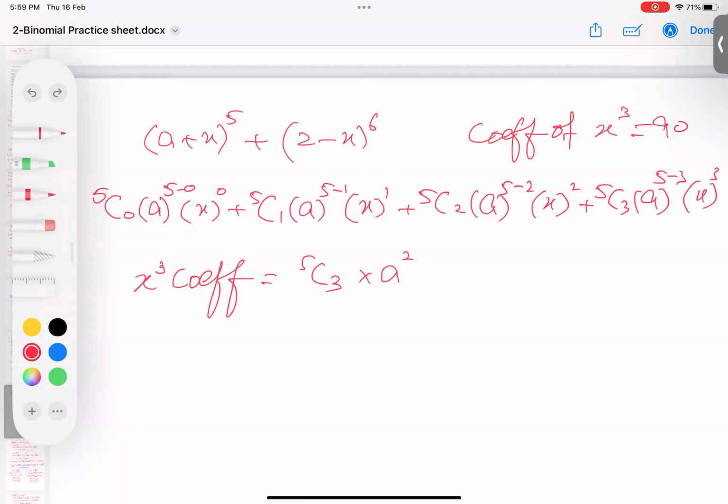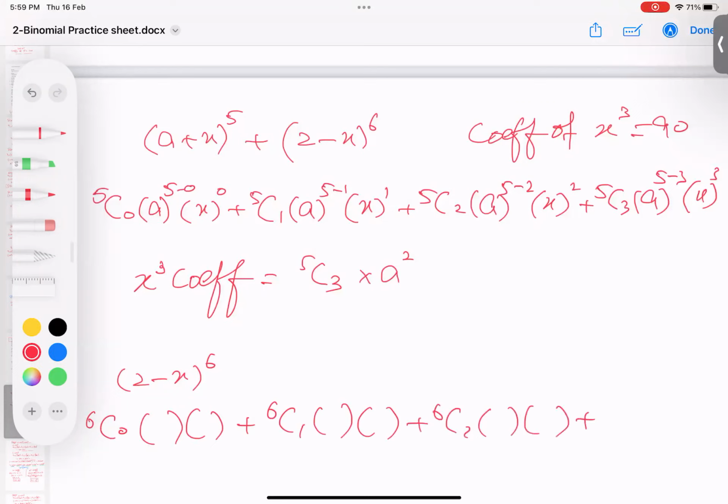First part is done. Let's go for the second part, 2 minus x to power 6. I'm expanding 6c0, then 2 brackets, 6c1, then 2 brackets, then 6c2, and 2 brackets, and then 6c3, and again it has 2 brackets. Here it comes 2, and please don't miss the minus sign: 2 minus x, 2 minus x, and 2 minus x. 6 minus 0 comes here, and 0 comes directly on the top.